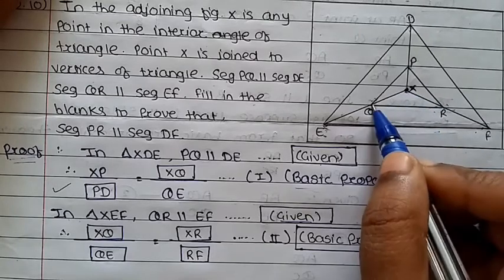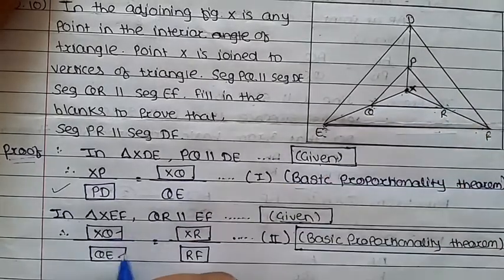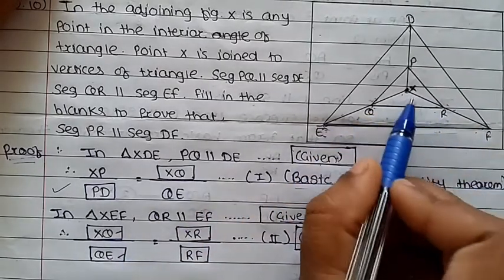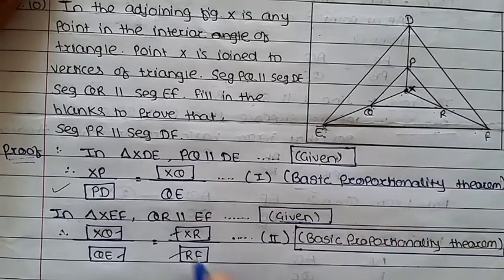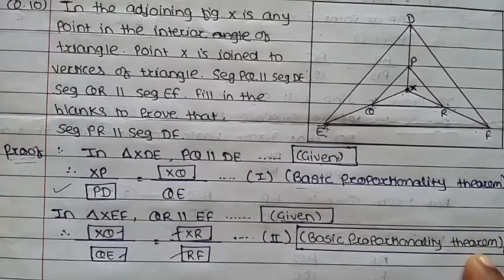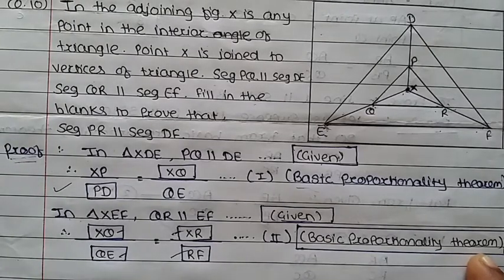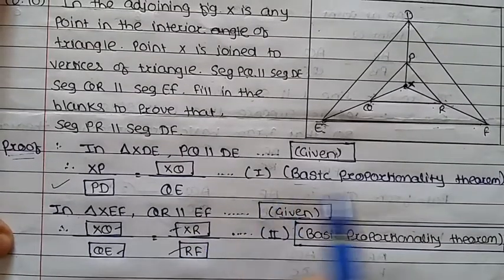XQ divided by QE is equal to what? XR divided by RF. Okay, this is your equation number 2, and this is written with the help of the basic proportionality theorem.